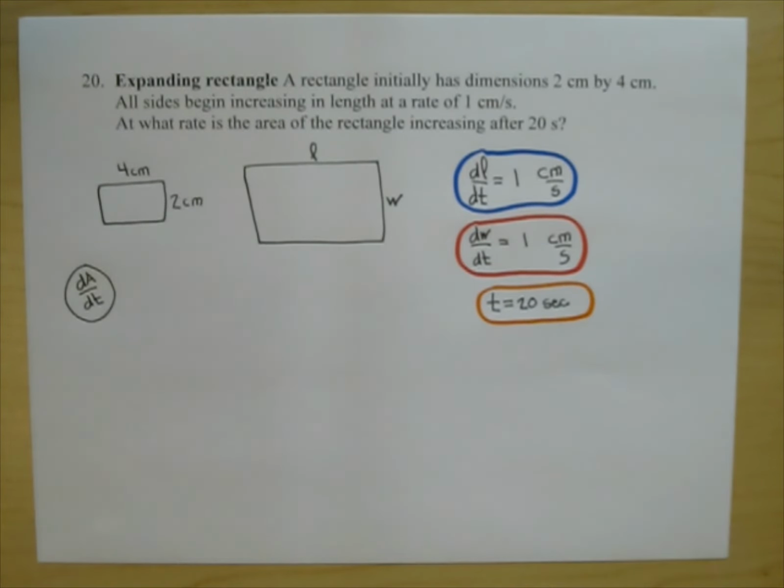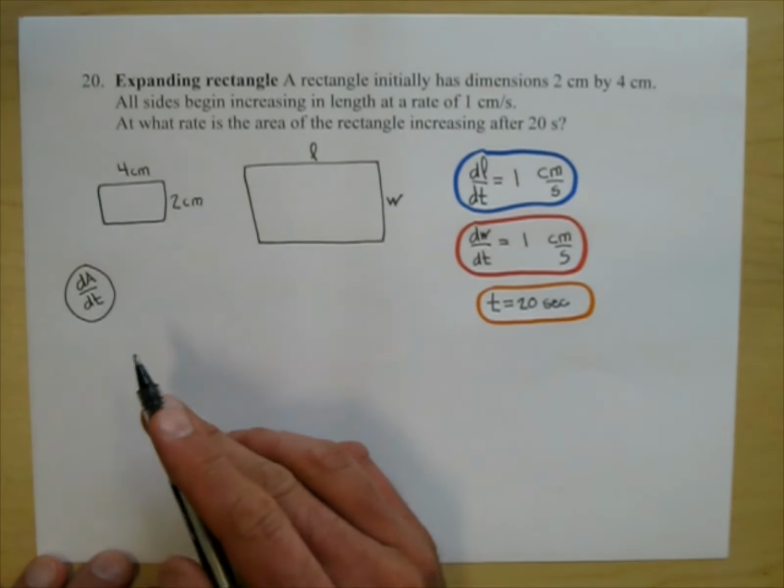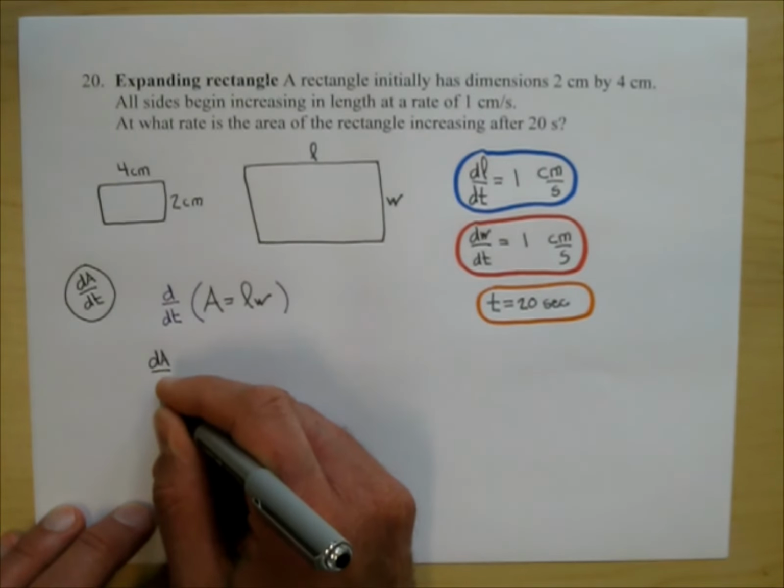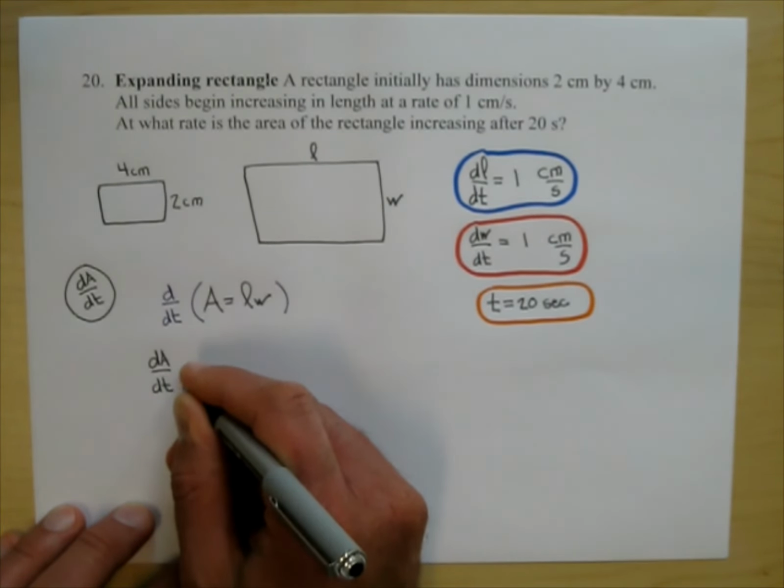So we'll circle that. Let's go ahead and come up with an equation that has W, L, and A in it. Well, wouldn't that just be the area of a rectangle? Area of a rectangle equals length times width. We're going to hit both sides with the derivative with respect to t. The derivative of A is dA dt.